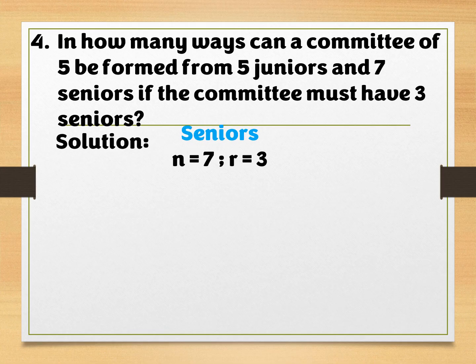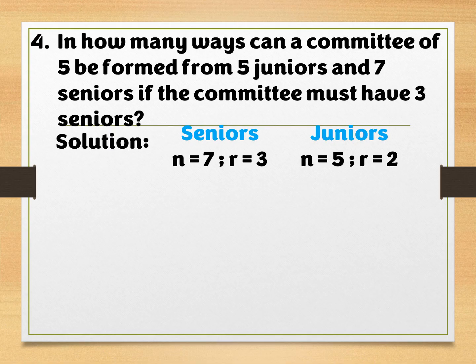We are required to select 3 seniors for the committee. And the number of seniors, we have 7. And for the juniors, the value of N is 5 and the value of R is 2. Since we were asked to select 5 committee and 3 seniors must be in the committee, so therefore the number of juniors must be included in the committee is 2.